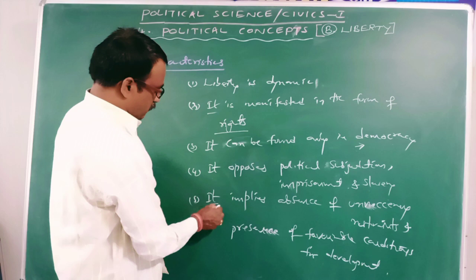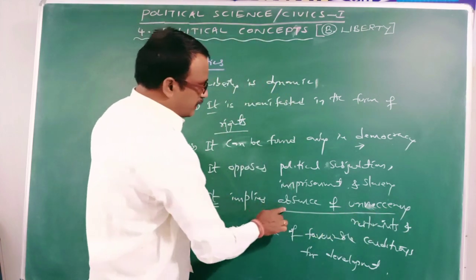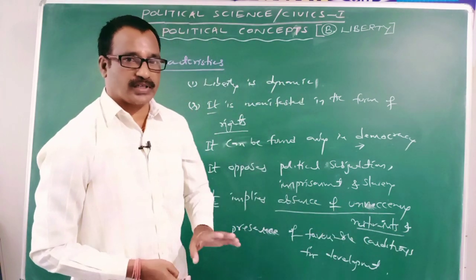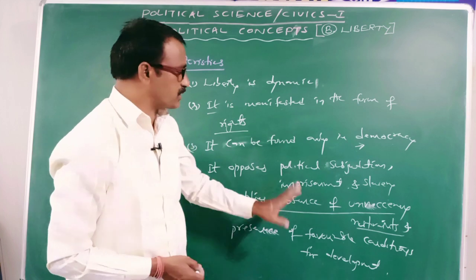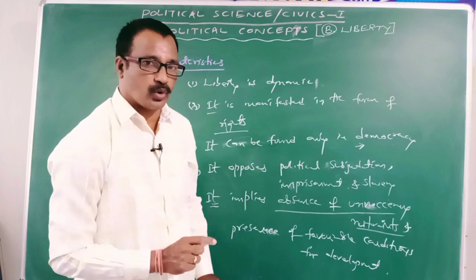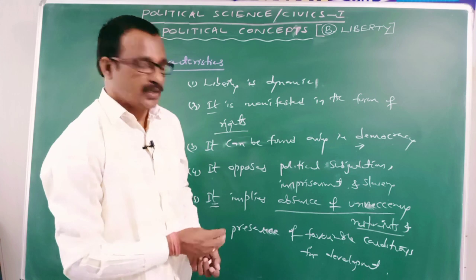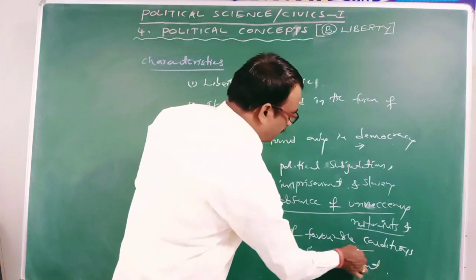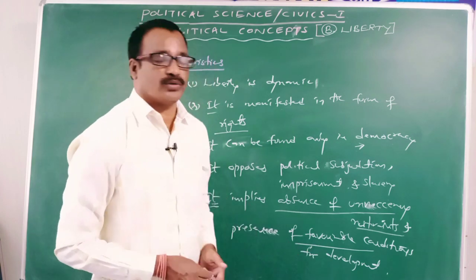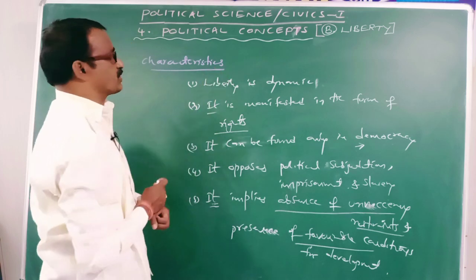It means it implies absence of unnecessary restrictions. The government or the state will not impose unnecessary restrictions on the liberty of the individuals. The state will impose only reasonable restrictions. By imposing reasonable restrictions, the government will provide favorable conditions to the individuals to enjoy their liberty for their all-round development. Clear? These are some of the important characteristics of liberty.